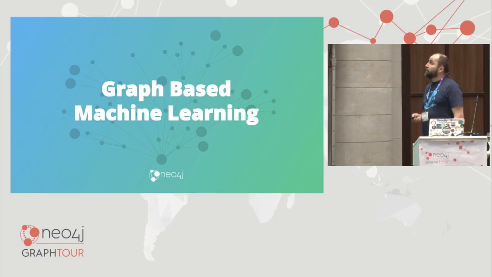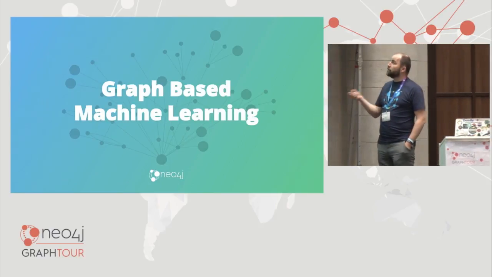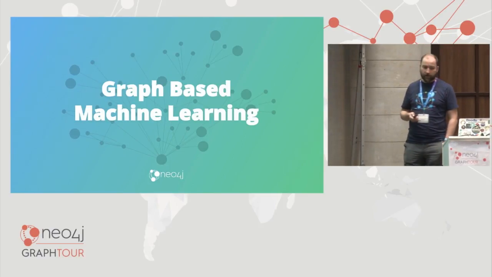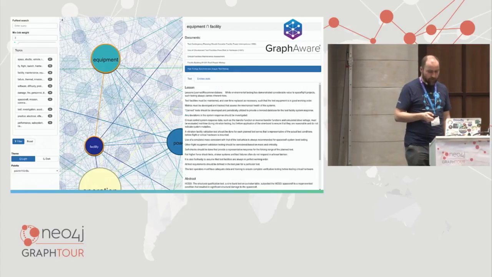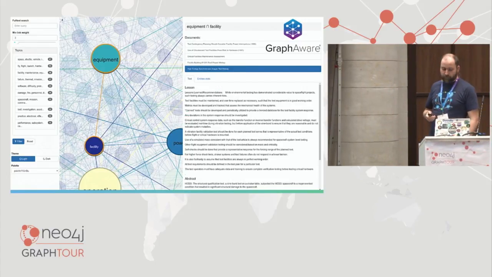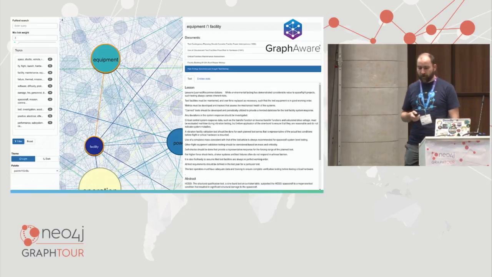Something else that I'm really interested in, and I started with that actually last year, is to try to integrate Neo4j with machine learning. Our friends from GraphAware have spent much more time and effort doing this.